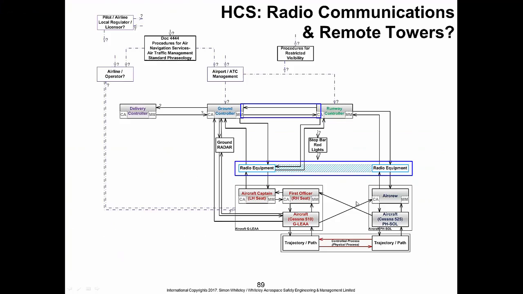Absolutely. So, what we've done here is we've made explicit the hierarchical control structure. And once you see it in its boxes and arrows form, you can start to understand how robust some of those mitigations, some of those controls actually are. And one example I gave was radio equipment. Now, at a quiet airport or where it's not very busy, so long as the radio works fine and there's no issues with interference and people standing on the transmitting button, then it should be fine.